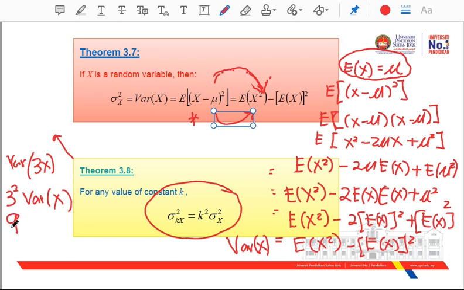So that's why it's actually equal to 9 variance of X. If you have information on variance of X, you just multiply it by 9. Variance of kX means you have constant k, that's why you put k squared here. So that's what theorem 3.8 means, and this is theorem 3.7.